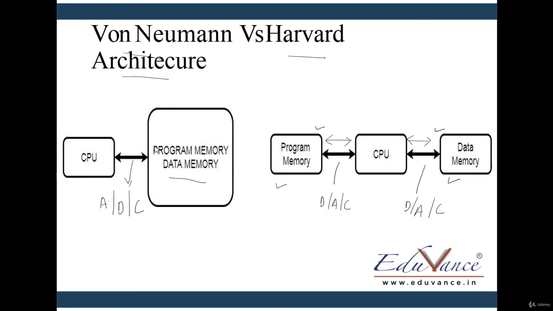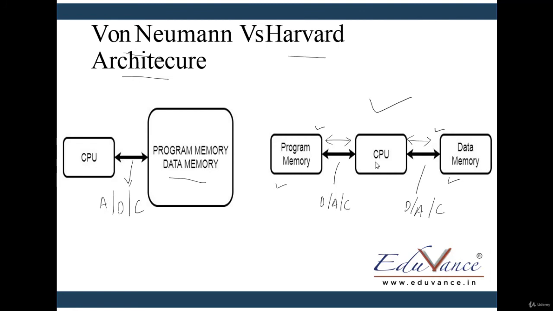So the drawback of von Neumann architecture is that only after fetching the program memory can I fetch my data memory. So with the Harvard architecture, we can access program memory and data memory at the same time. So the clock cycle efficiency of a Harvard architecture is better compared to a von Neumann architecture.